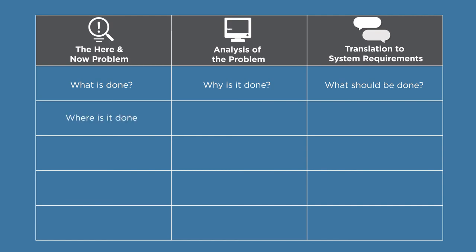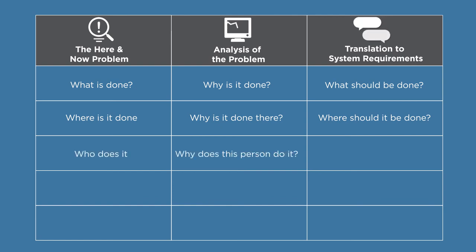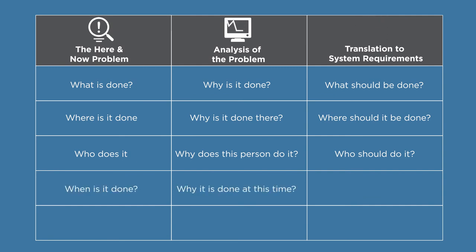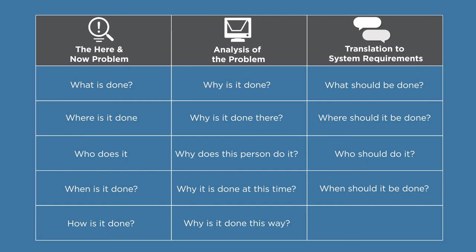Where is it done? Why is it done there? Where should it be done? Who does it? Why does this person do it? Who should do it? When is it done? Why is it done at this time? When should it be done? How is it done? Why is it done this way? How should it be done?